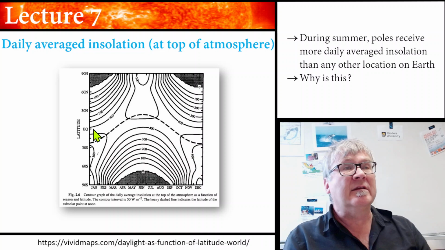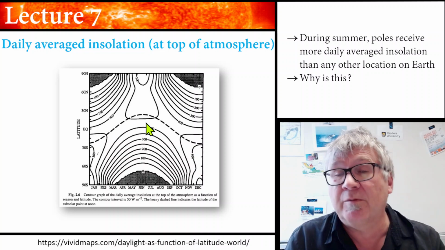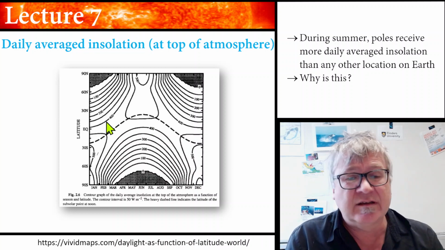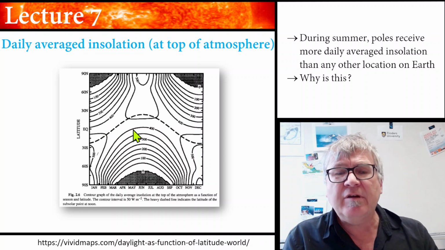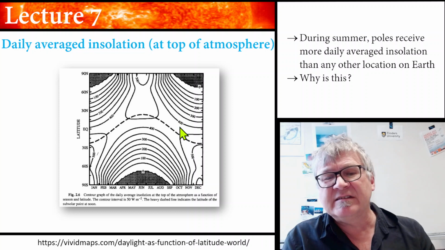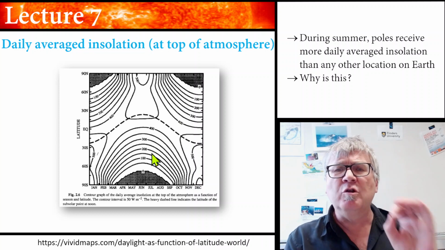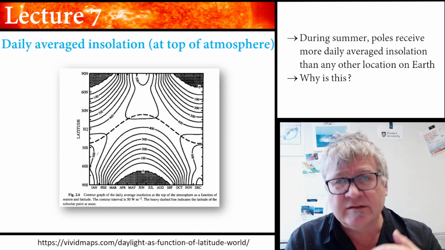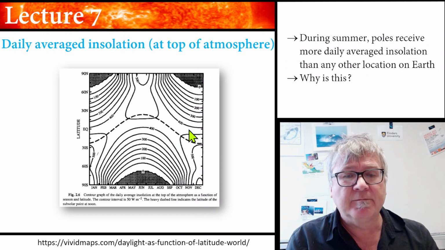So near the equator there is little variation, because the slope angle doesn't change much and the distance doesn't change much. The number that you can read here is about 400 watts per square meter. And you already notice that it's significantly lower than the solar constant. It's only a quarter of it.